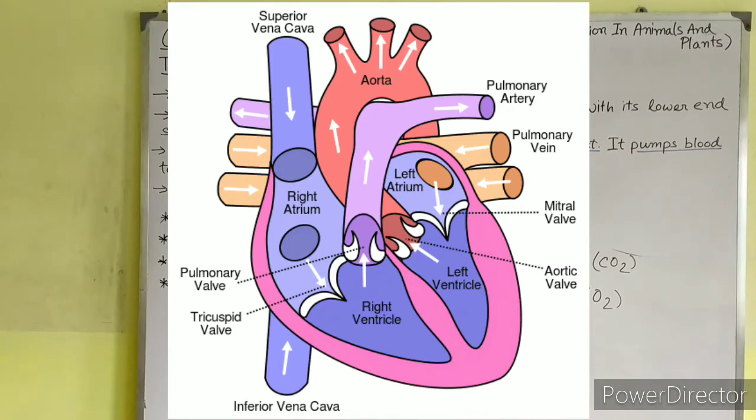First you can see the mitral valve, which is also known as bicuspid valve. It is present between the left atrium and the left ventricle. Next you can see the tricuspid valve. It is present in between the right atrium and the right ventricle.